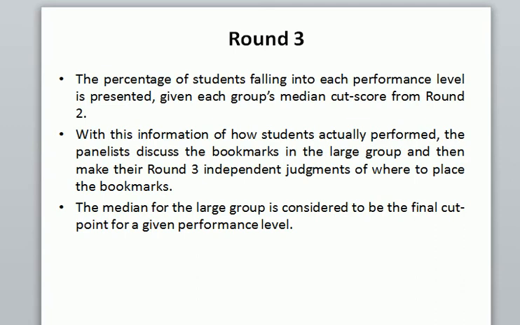in large groups, and then at this stage, after seeing the students' actual performance on these performance levels, the panelists discuss the bookmarks in large groups and then make their round 3 independent judgments of where to place the bookmark. So they discuss, and they independently judge where to place the bookmark.